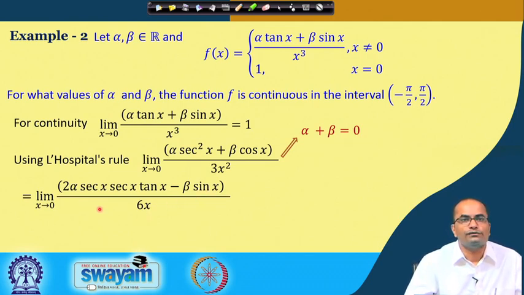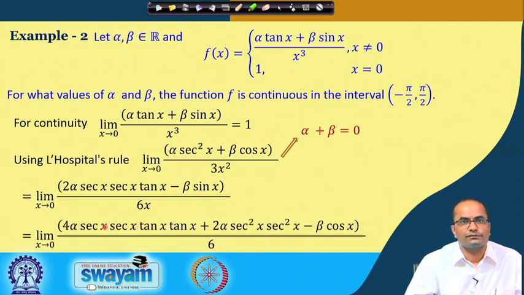And now, if we check what form we are getting here, this tan x will make this 0, sin x will make this 0. So we are getting 0 in the numerator and 6x in the denominator, which is again 0. So we are getting the 0 by 0 form, and we can apply the L'Hopital rule once again to this expression.